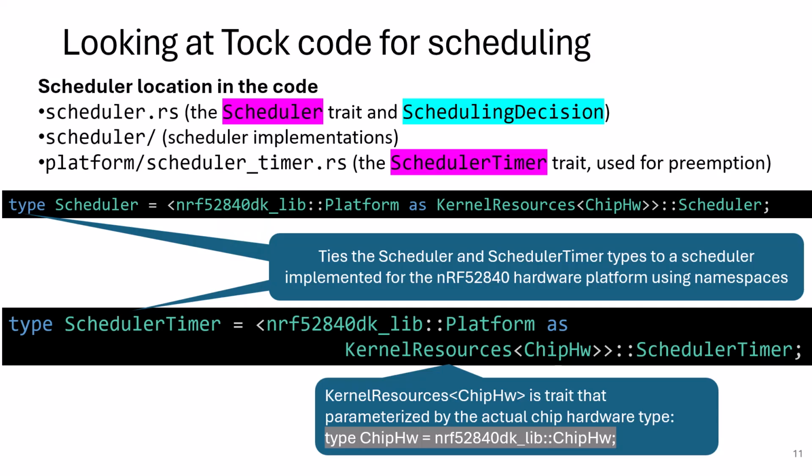This way you can tie the scheduler to a specific scheduler for a board, and also to specific chip hardware. For the scheduler timer, which is going to need to use specific hardware that's platform and processor dependent, you can tie these to there, but then just use the scheduler type and scheduler timer type to keep everything generic.